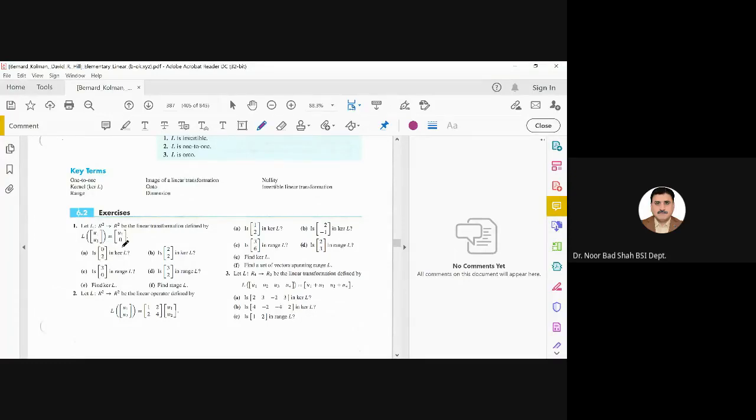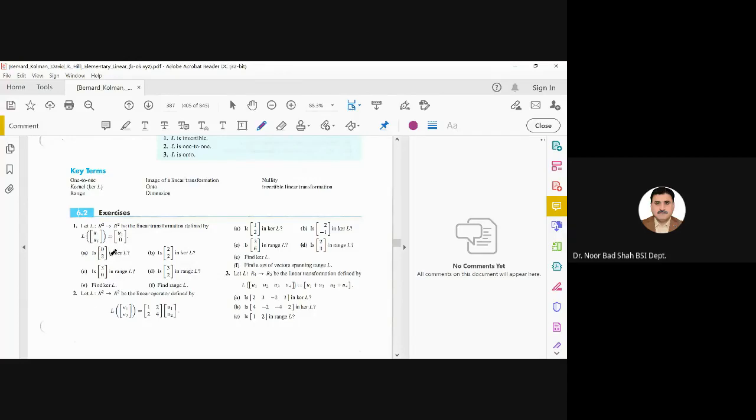So it is in the kernel. Is it belonging to the kernel? You would check whether L of (2, 2) is (0, 0). But in this case, no. L of (2, 2) will be (2, 0). L of (3, 0) will be (3, 0). L of (3, 2) will be (3, 0). So these three don't belong to the kernel. This one belongs to the kernel.